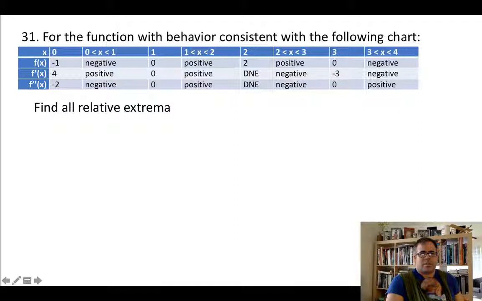Okay, so extrema is our fancy word for mins and maxes. So we are looking for wherever this is. We can think of, we're going to look at the derivative for that. And note, function with behavior consistent doesn't really tell us anything about whether the function is defined at less than 0, and it certainly doesn't tell us anything about anything at 4.